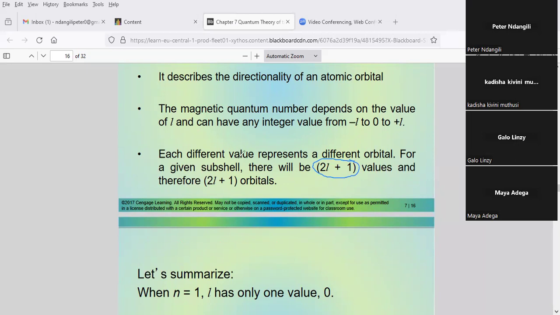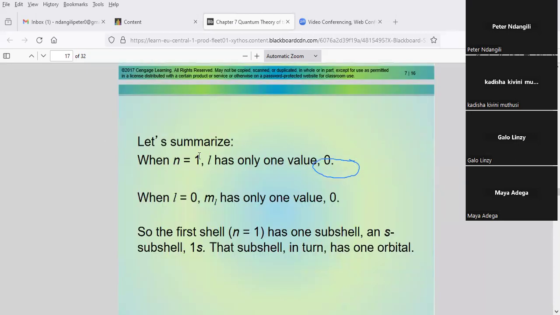So in summary, what we have said about those atomic orbitals is this: when n is equal to 1, the number of L values will be 0. When L is equal to 0, the only ML value is 0. We have shown that. When L is 0, we call it an s orbital.